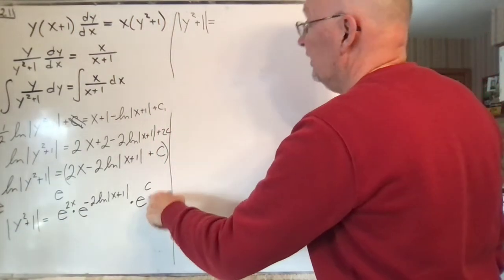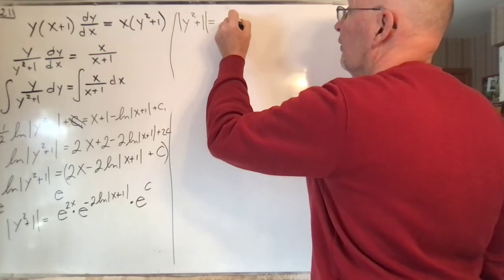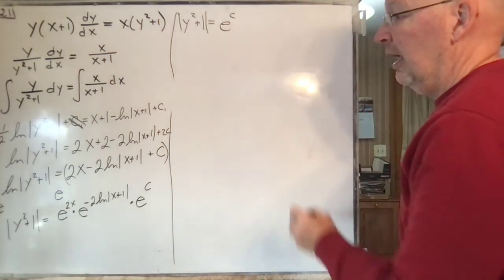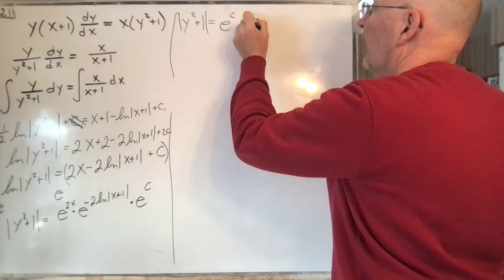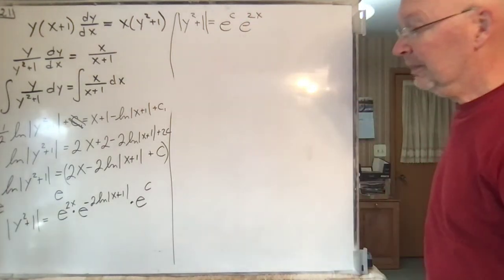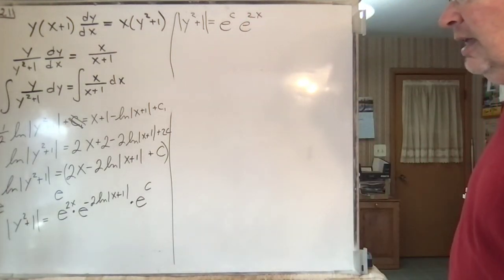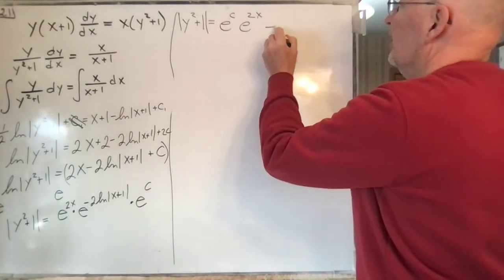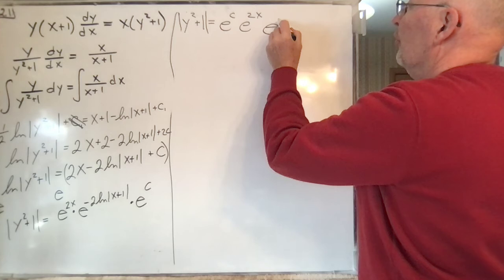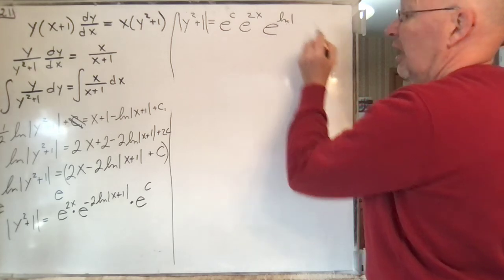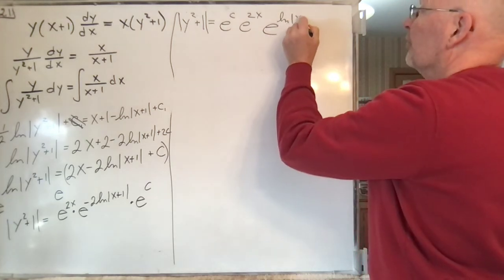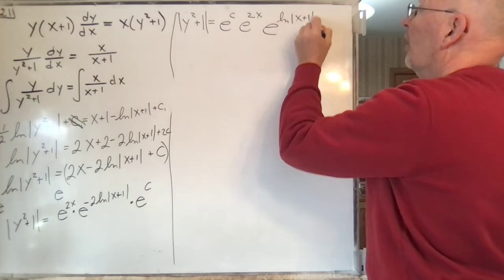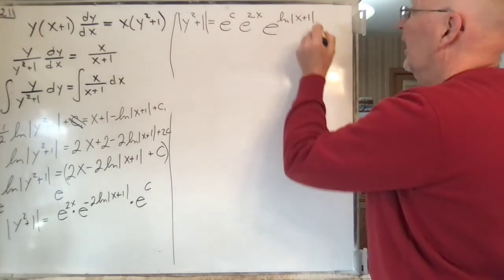So I'm going to get e to the c here, put that out in front. And I'm going to get e to the 2x right there. And now I'm going to write this as e to the ln of absolute value of x plus 1 all to the negative 2 power.